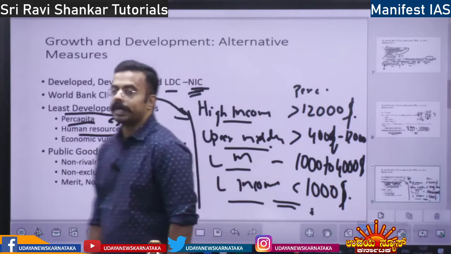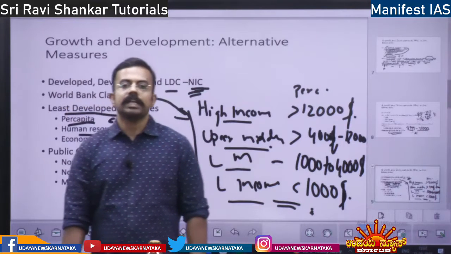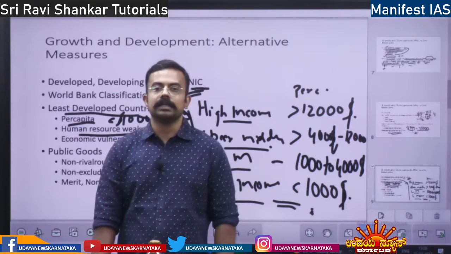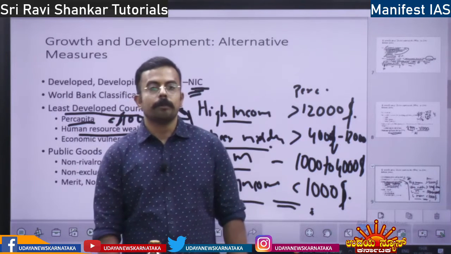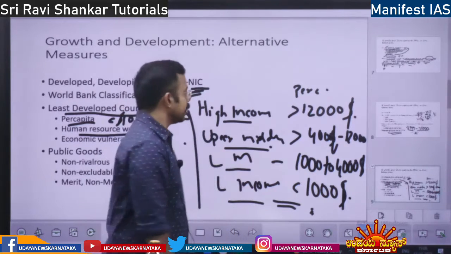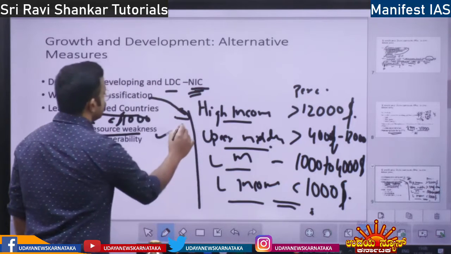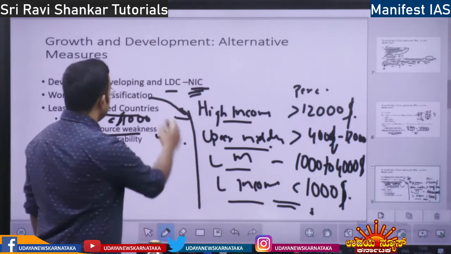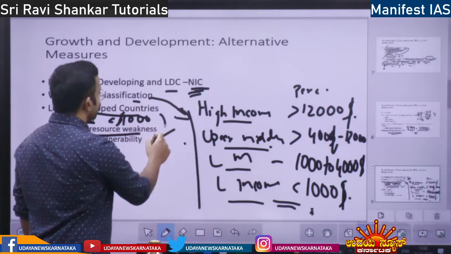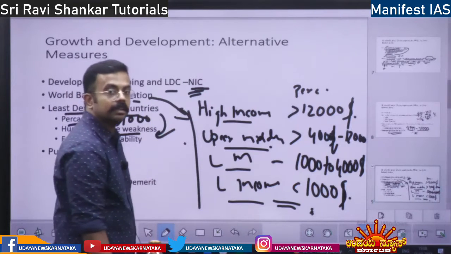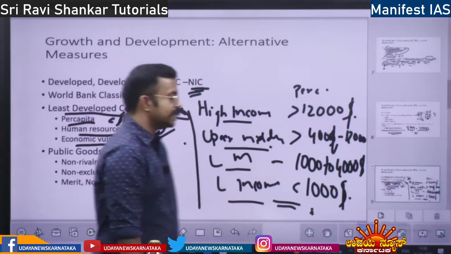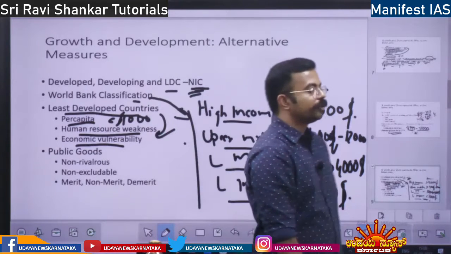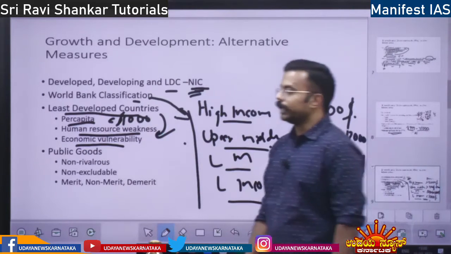If there is proper education, proper skill development, proper health, proper income, then we can say human resource is good. But in least developed countries, the human resource is weak. Clear?